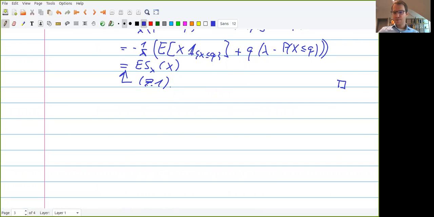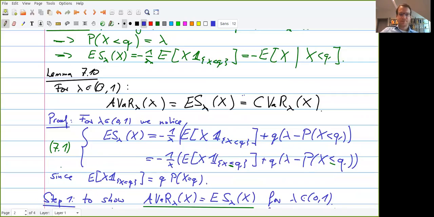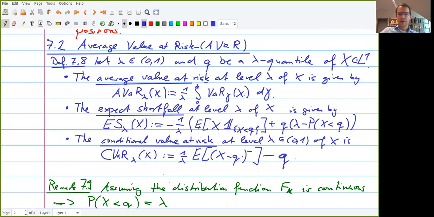So we're done with the proof, and the message here is that all these three definitions, the average value at risk, the expected shortfall, and the conditional value at risk, lead to the same object with different mathematical interpretations.